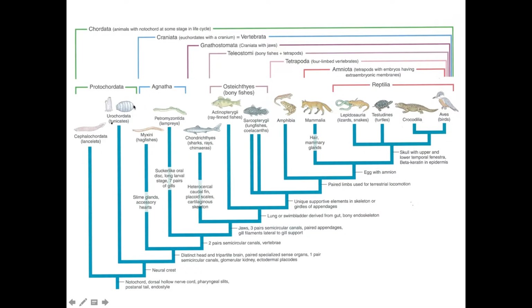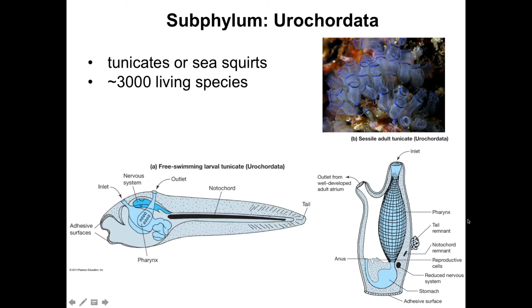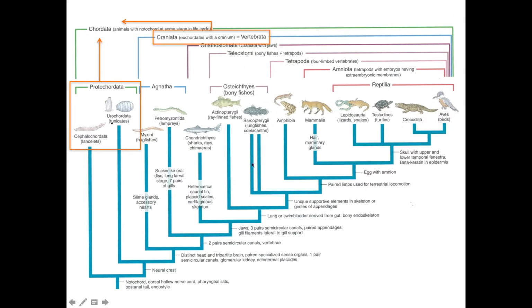There are 2 other chordates that are not vertebrates, cephalochordates and the urochordates. And these are colloquially known as the protochordates. Let's have a little bit of a look at those first.